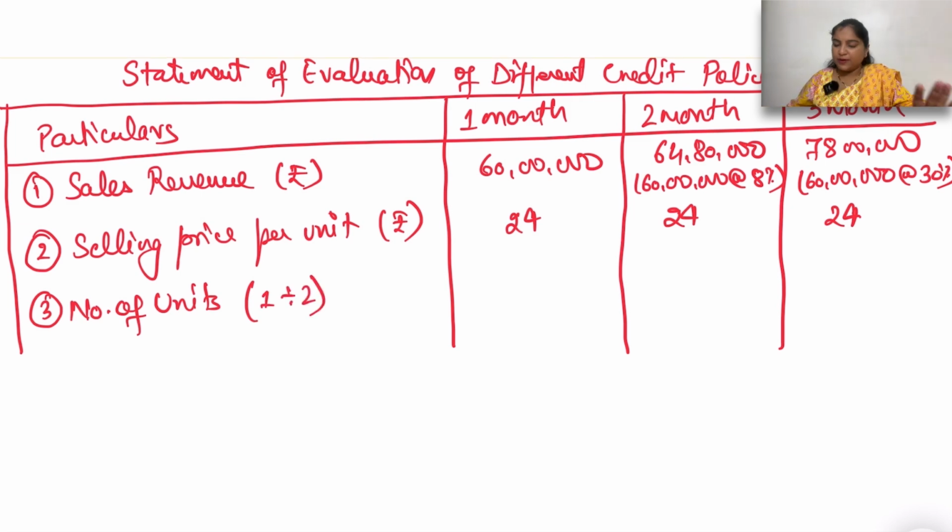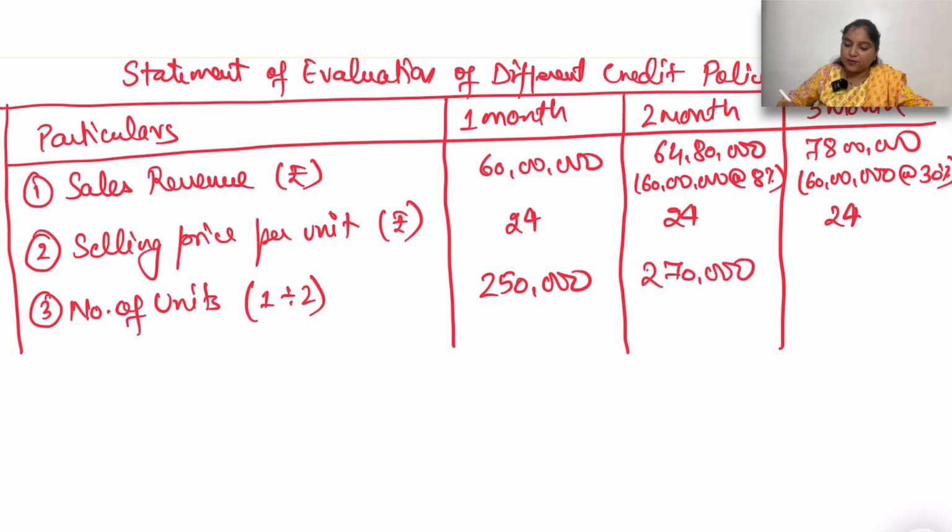Just use your judgment whether what I'm telling you is actually right or not. So you get 2,50,000 sales units. Everything you are solving. See, I'm not solving, I'm just helping you write it down in a clear format. Next we have 3,25,000.